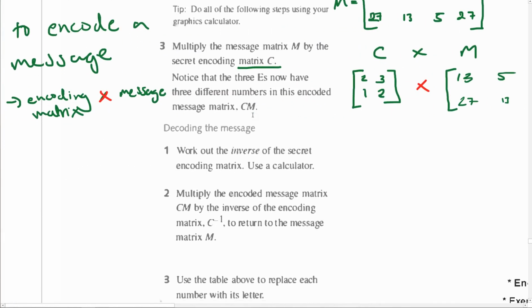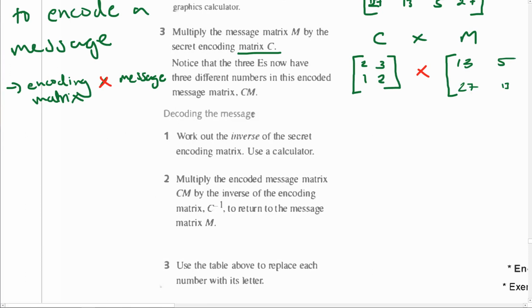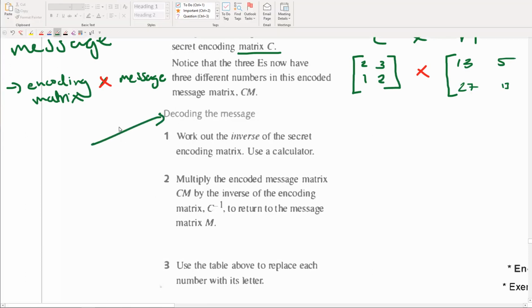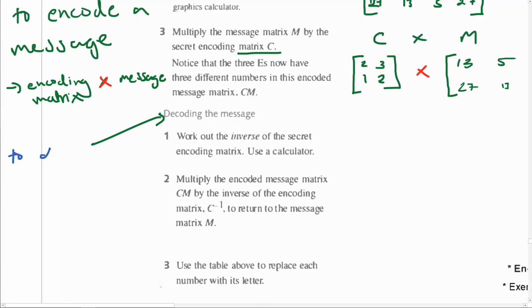So now the next part to do is we now need to know how to decode the message. Okay, decoding. So to decode a message, this is a general rule that you guys can use.